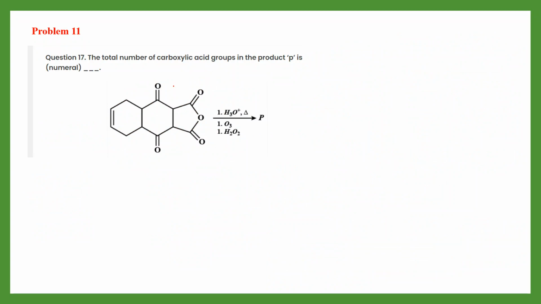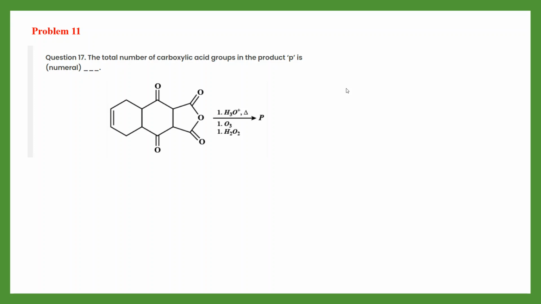In problem number 11, it is asking the total number of carboxylic acid groups in product P. First, you have to tell product P, then tell me how many carboxylic acid groups are present in product P. First step, can anyone tell me what will happen? Elimination reaction. In the first step, elimination. From where will you do elimination?